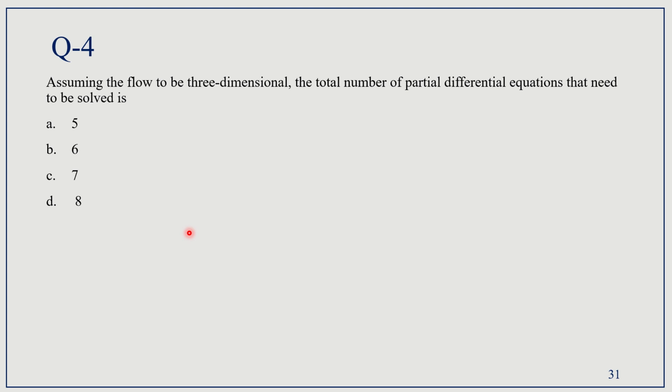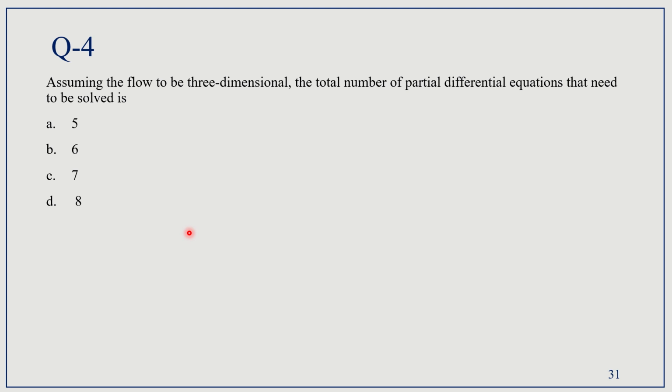In the continuity equation, we have one equation, and in the momentum conservation equation, since it is a 3-dimensional problem, we have x momentum, y momentum, z momentum, 3 equations. So till now we have 1 plus 3, 4. In the previous slide we have seen we have 4 species, that is carbon monoxide, H2O, CO2 and H2. But how many species balance equations do we need to solve?